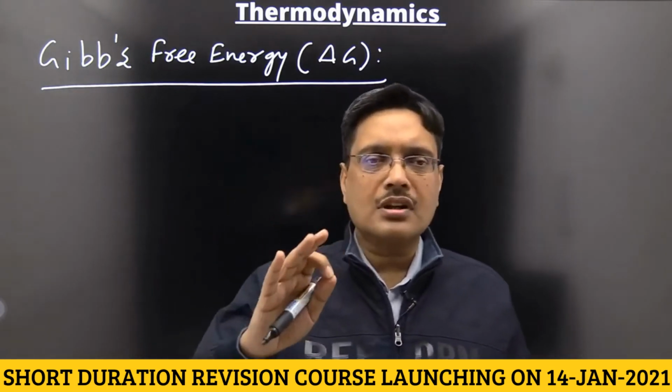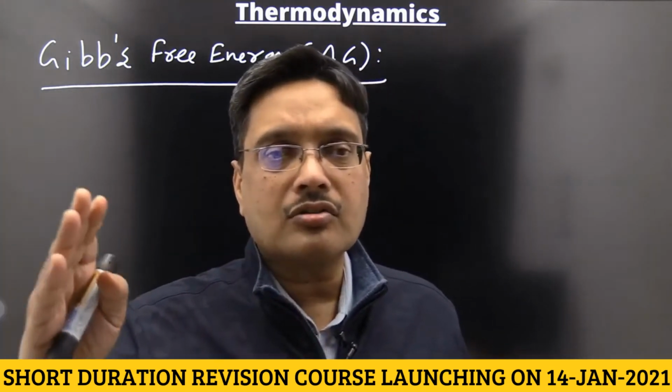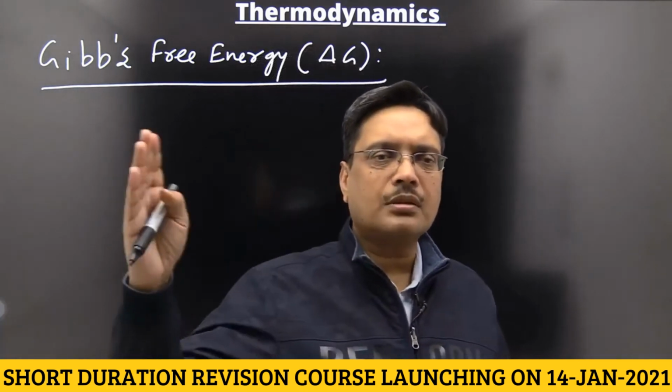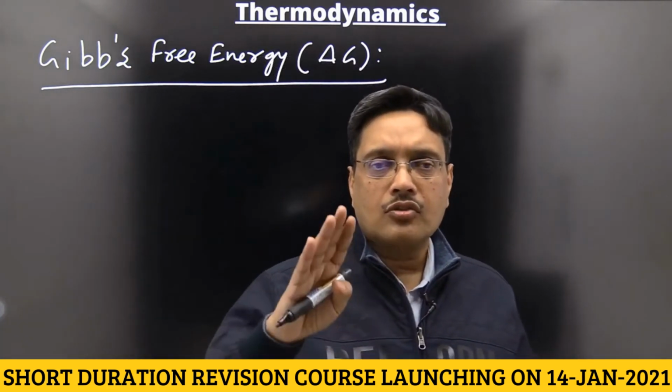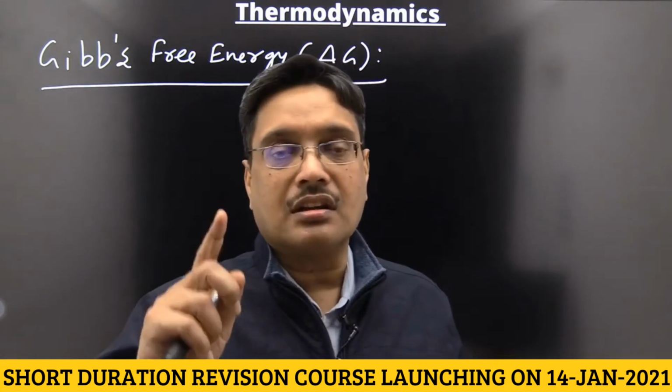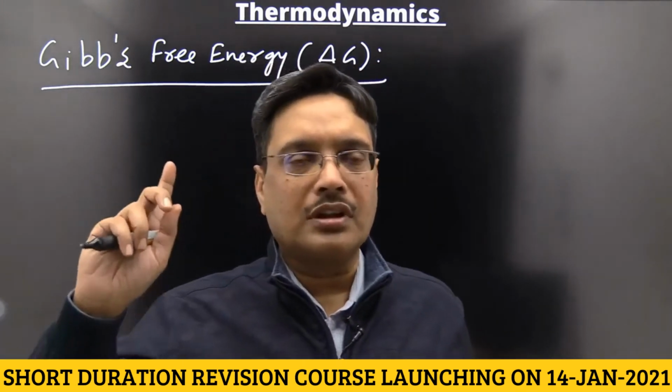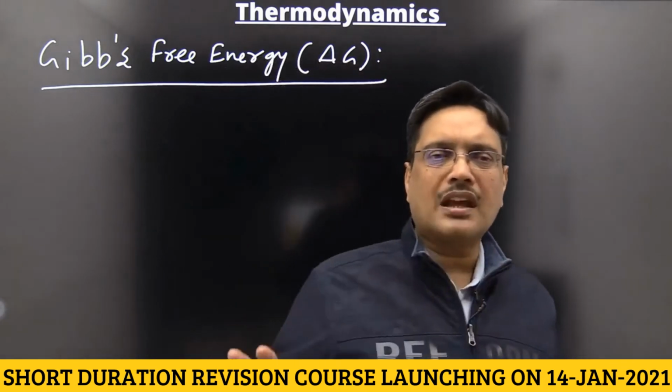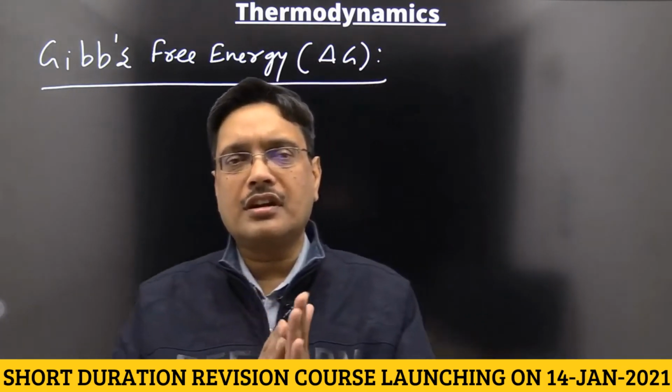Actually, delta S total cannot be calculated, because delta S system can be calculated, but delta S surrounding cannot. So we use the concept of delta G, because this is for the system only and it can be calculated.